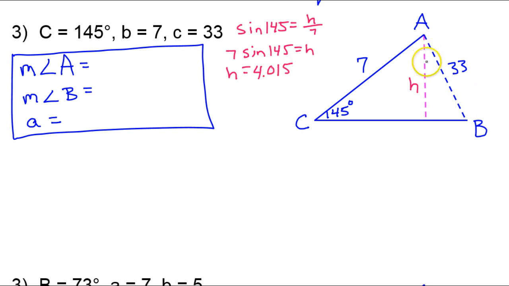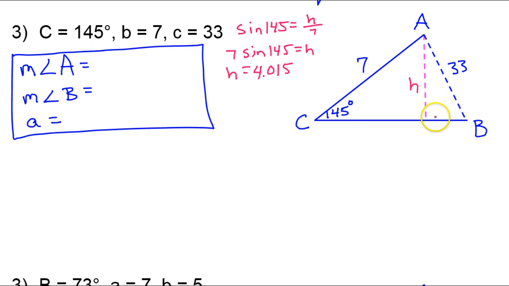Okay, so if this height is 4.015, then that means we will definitely have a triangle. All right, we have at least one triangle because this side over here, the temporary side, the flexible side, is 33. It's definitely long enough to reach the ground. All right, if this is a little over 4 units high and this is 33, it'll reach the ground.